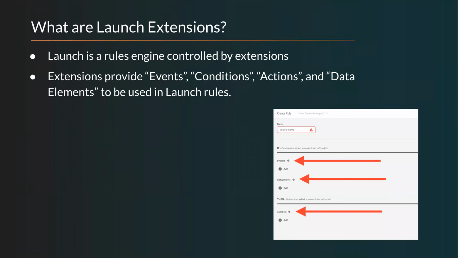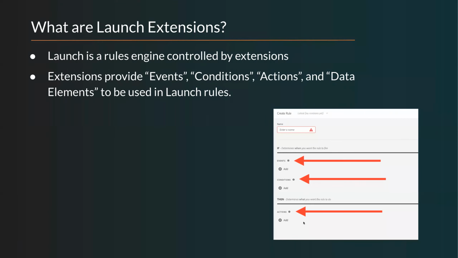So I'm going to start with what are launch extensions. When we think about launch, launch is a rules engine, and it's controlled by extensions. When we look in launch, everything is a rule or an extension or some part of an extension. When we create a rule, we have events, conditions, and actions. And within the configurations of these things, we also have data elements.